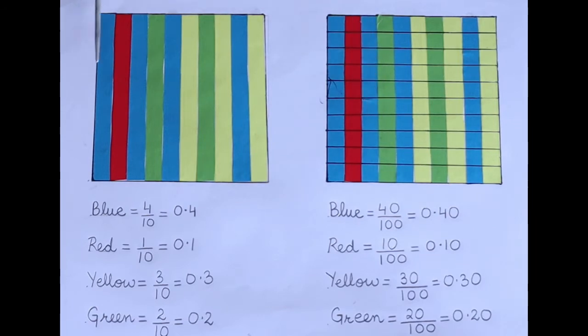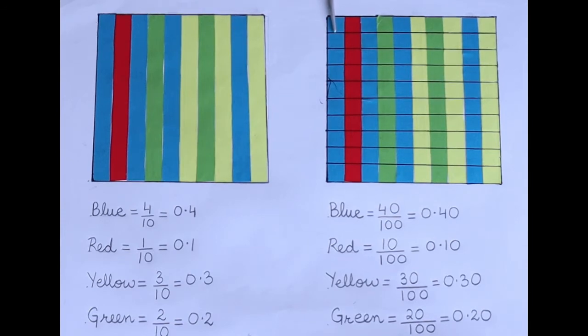Now look at the blue parts in this square. There are 1, 2, 3, 4. There are 4 blue parts out of the 10 equal parts. So the fraction for the blue parts is 4 upon 10, and the decimal equivalent is 0.4.